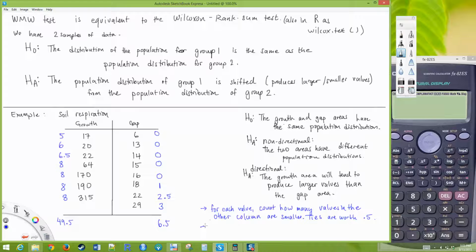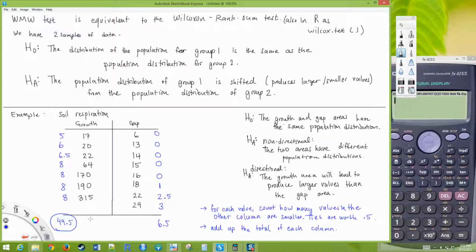Okay, and then add up the total of each column. Okay. And our test statistic is the larger of the two columns.